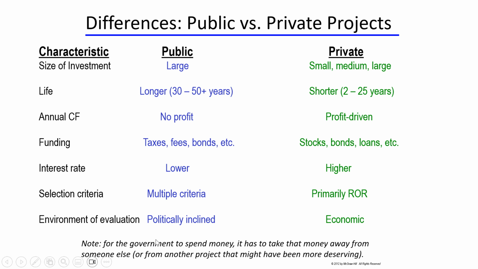The interest rate for public sector projects is generally lower when they're borrowing money. When a government borrows money, they can usually get access to capital at lower rates than companies can borrow money for. And the reason for that is that companies have customers who pay for their services, but they can't force customers to buy their services.